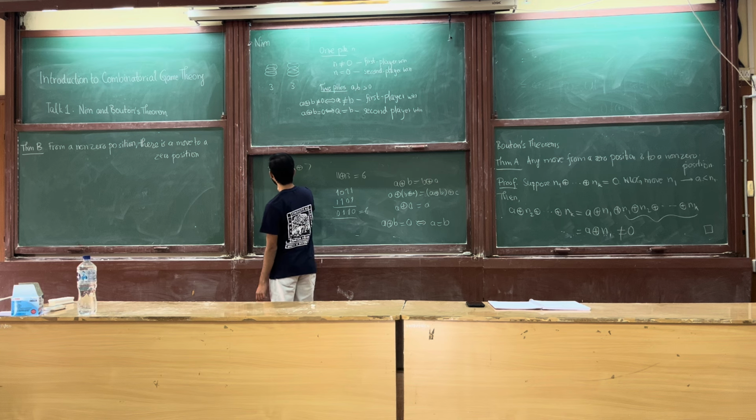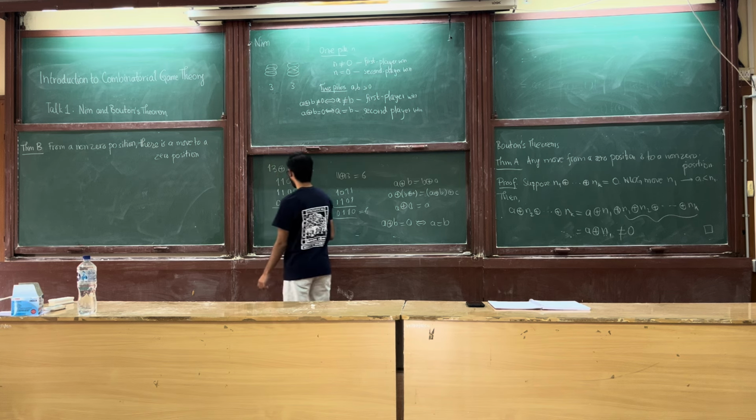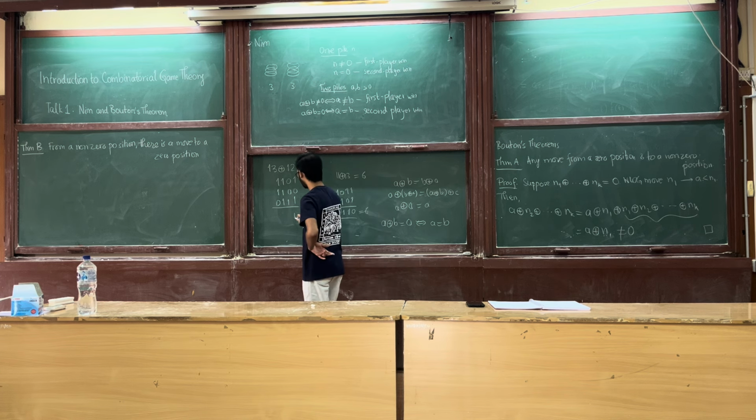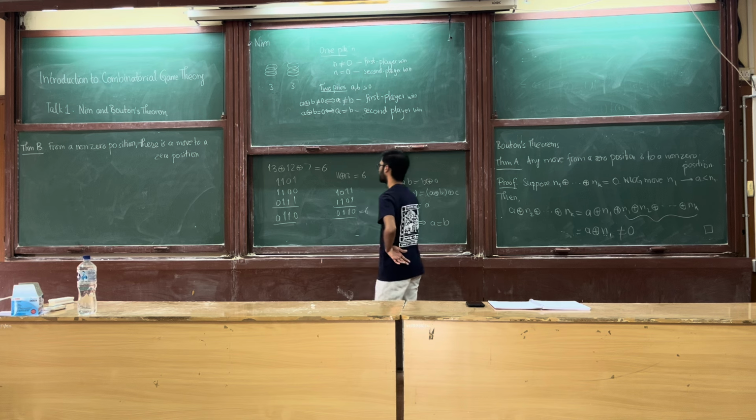To compute this, you have 1, 1, 0, 1 for 13, 1, 1, 0, 0 for 12, 0, 1, 1, 1 for 7, so 0 here. And the value of this, well, it can be easily computed. It's 0, 1, 1, 0. So it is 6. Okay. And which is not 0.